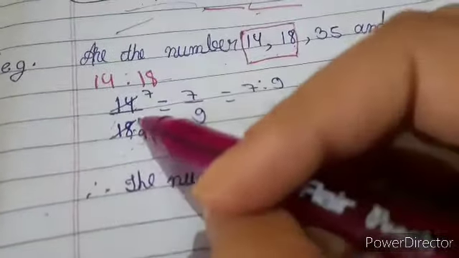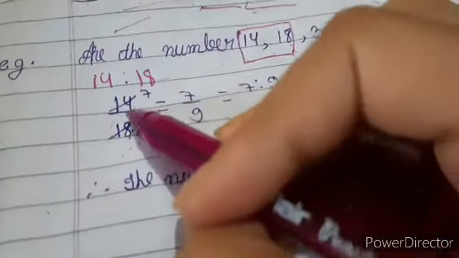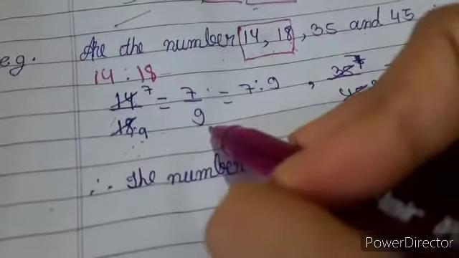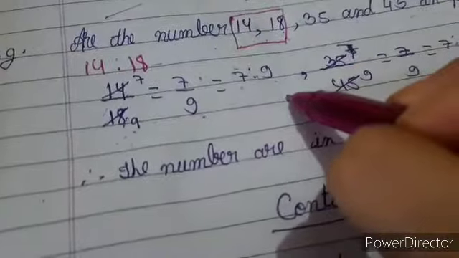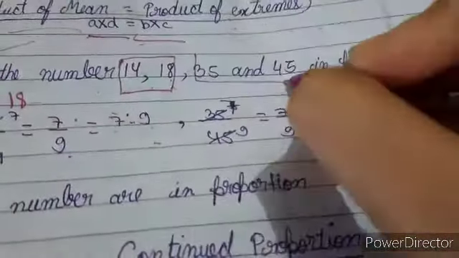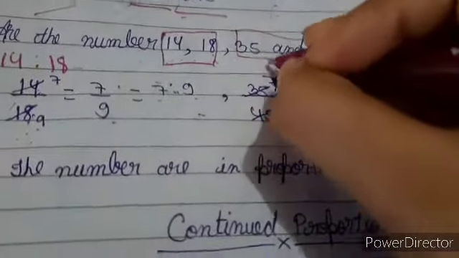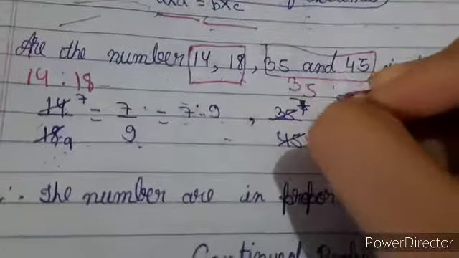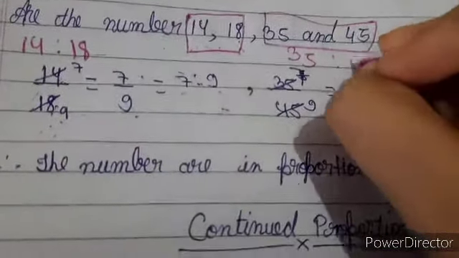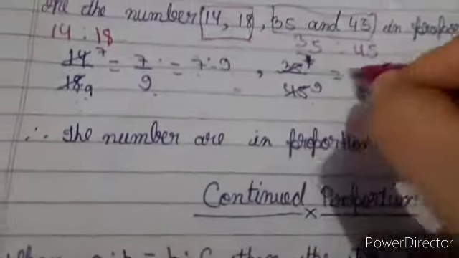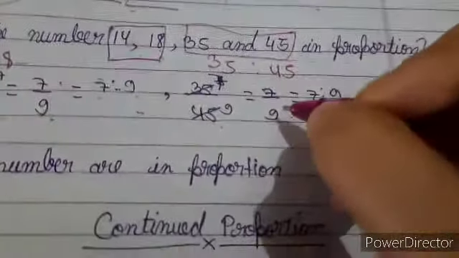We will cancel it by 2. 2 sevens are 14 and 2 nines are 18. And 7 upon 9 is equal to 7 is to 9. Now we will take 35 upon 45 to solve. 35 upon 45 is equal to 7 by 9.